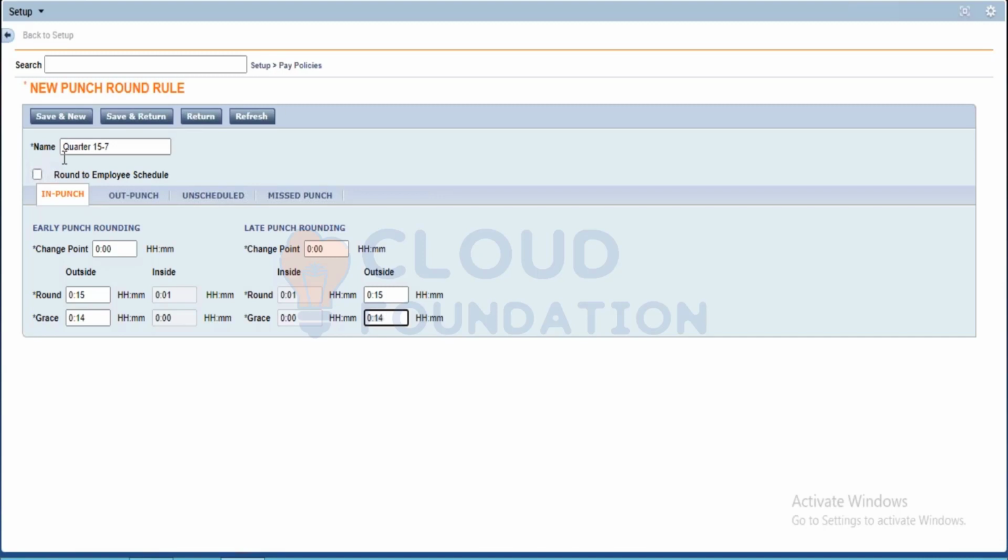Okay, so we have the in punch and out punch tabs, right? There's something here called early punch rounding. This indicates if the punch is before the scheduled start time or stop time, and in the same way if they're punching late after the scheduled stop time. So I'll go ahead and save this.